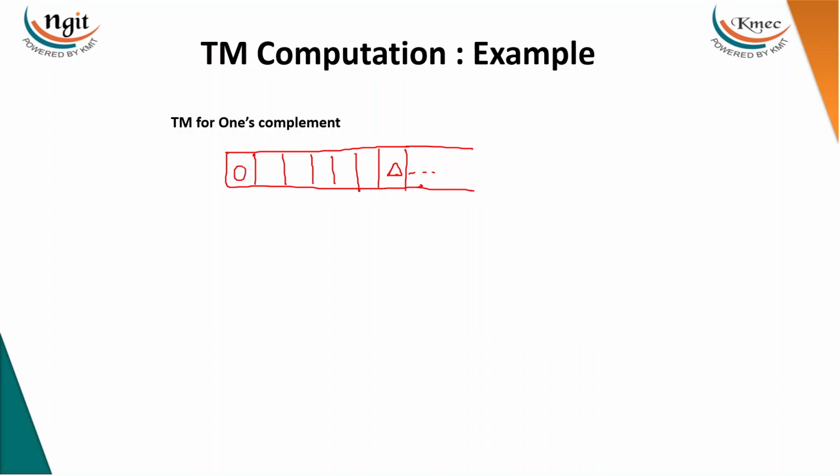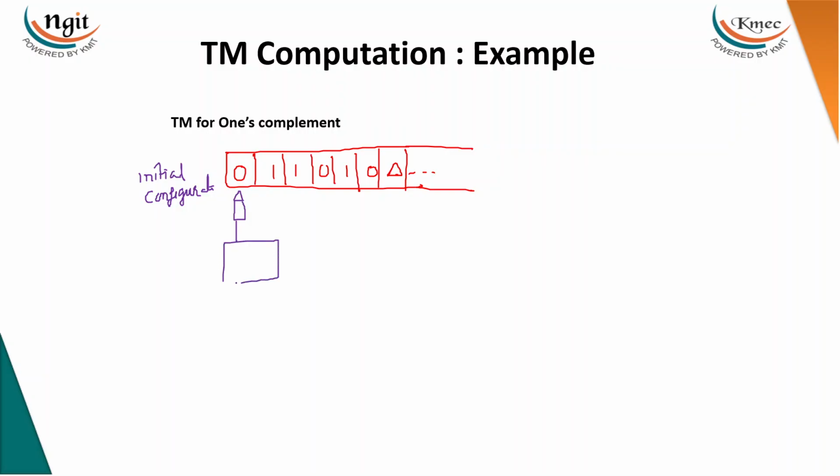For example, if I have 0, 1, 1, 0, 1, 0, assume this is my input. This is the initial configuration of the tape, where the read-write head is pointing to the first symbol.